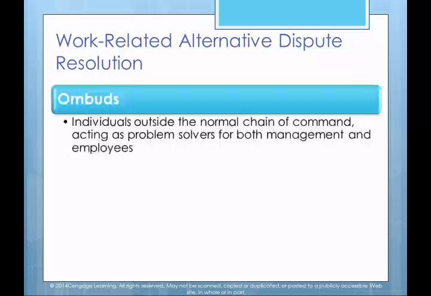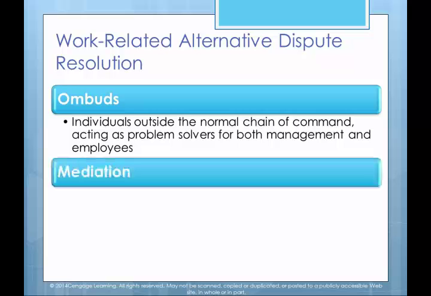And then the ombudsman. A lot of organizations have this. It ensures process fairness. Employees outside the normal chain of command act as independent problem solvers for both management and employees. They address employee complaints and operate with a high degree of confidentiality.